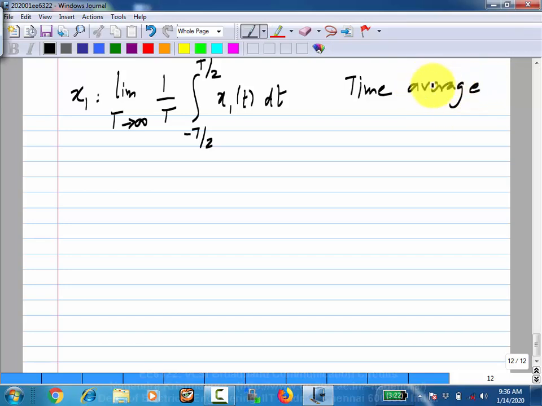What is this called? This is something familiar to you, right? If x of t is a signal, what is this thing? This is the DC value of the signal, right?